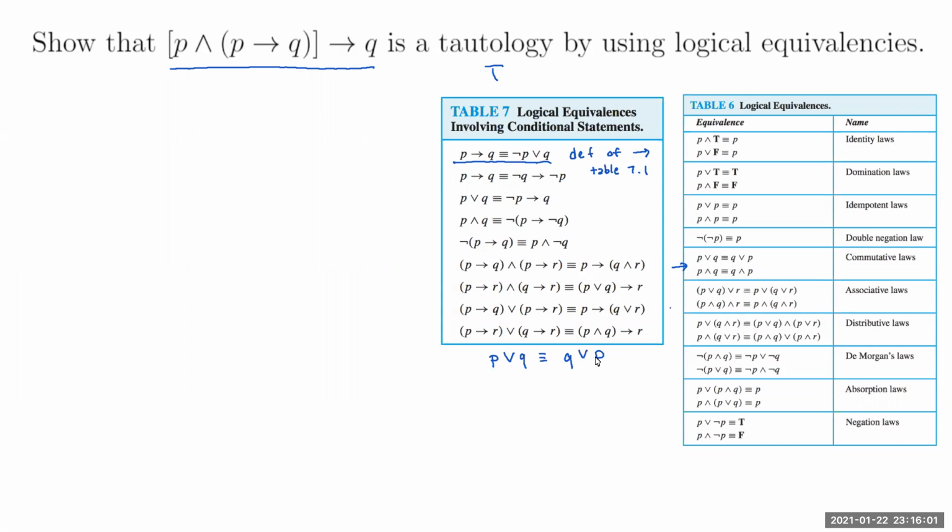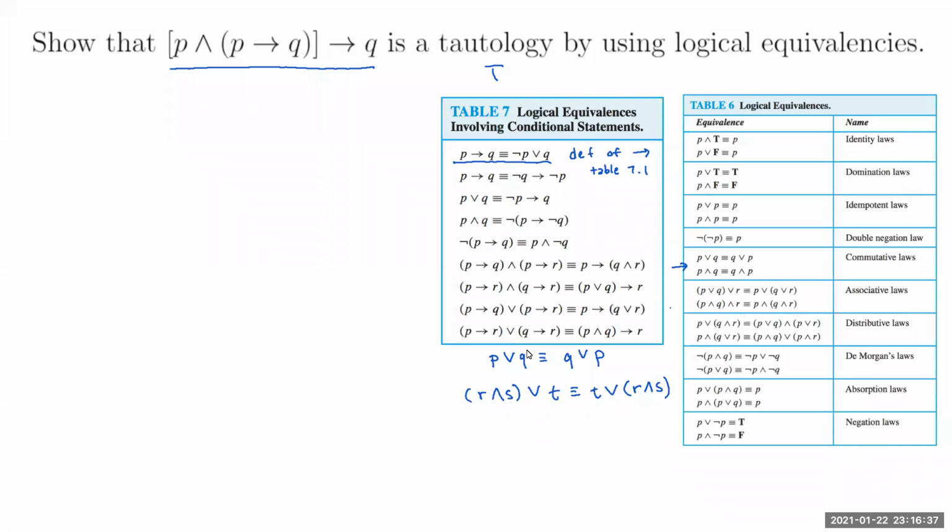So for example, we could have something like R and S, or T. We can use commutative law on this. You can just think of this R and S as this P here and this T as this Q here. And so when we want to use the commutative law, we would have this is equivalent to T or R and S. So don't lock yourself into the expression of P or Q itself. It can refer to any sort of proposition.